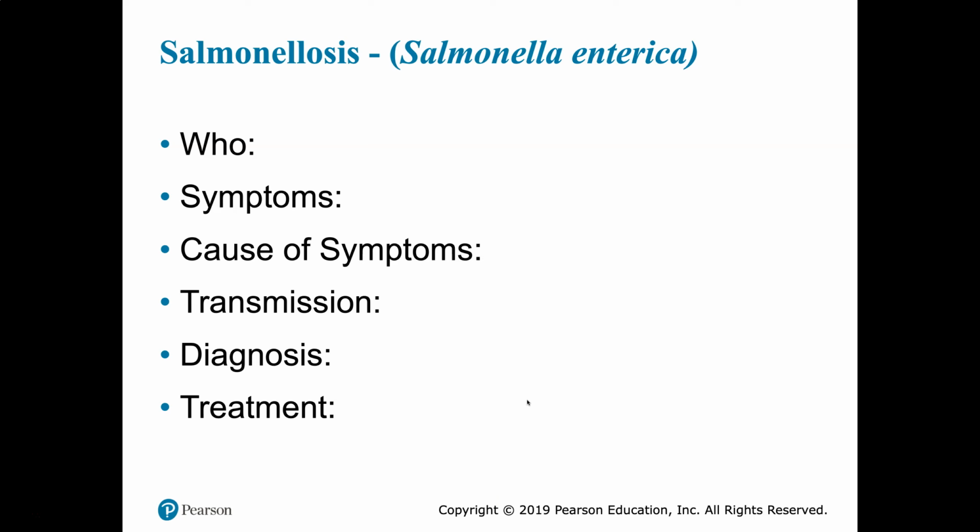The reservoir for this organism. This organism is typically found in birds, rodents, and reptiles. Remember, a reservoir is something that houses the pathogen normally, right? So birds, rodents, and reptiles have salmonella as part of their normal microbiota. We do not. It makes us sick. But for them, it's part of their normal microbiota.